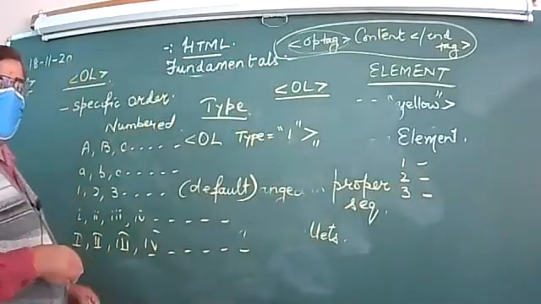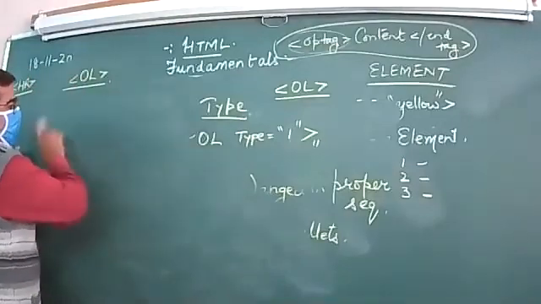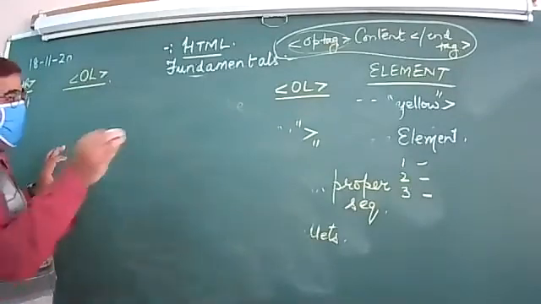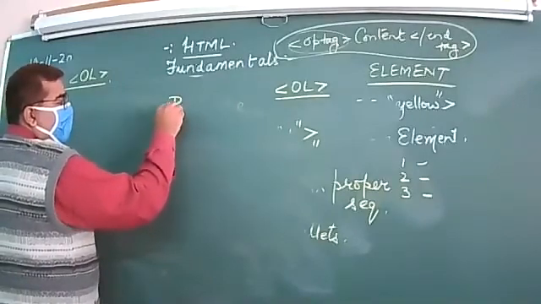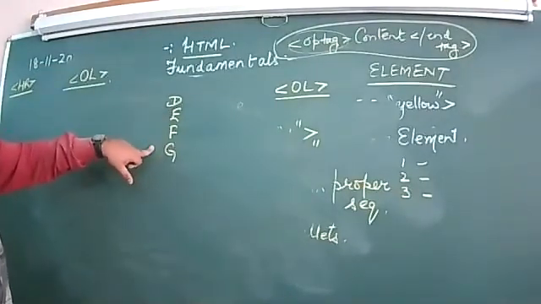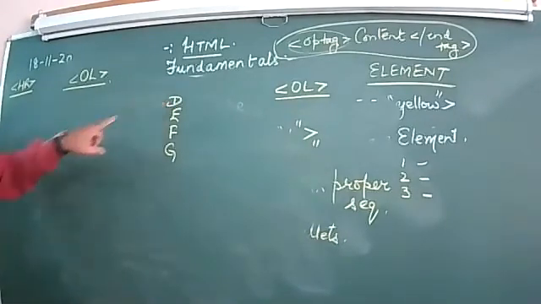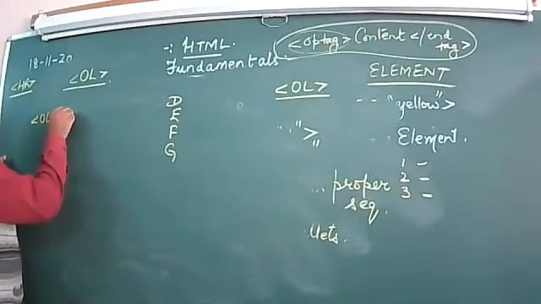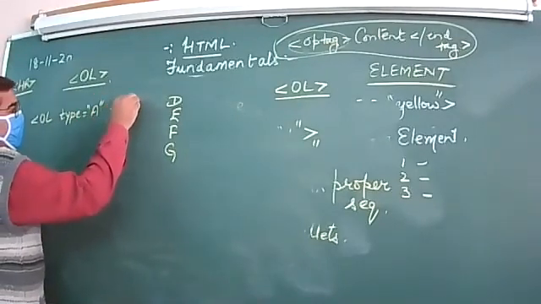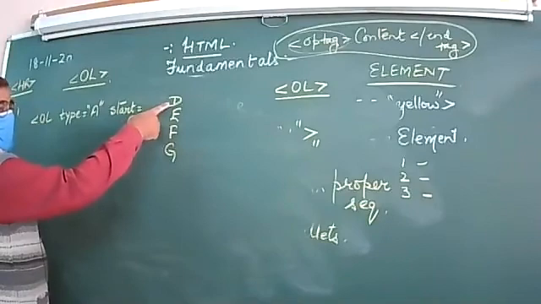But one special feature is included in ordered list. Suppose you want to display the list in capital ABC, but you want that list to start with the letter D. I mean the starting element should have D, E, F, and G. You want ABC as the formatting of the list, but you don't want to start the list with A. You want to start the list with D. So what you will do: OL type equal to A, take a special attribute called start and give the value in numeric form of the corresponding letter.